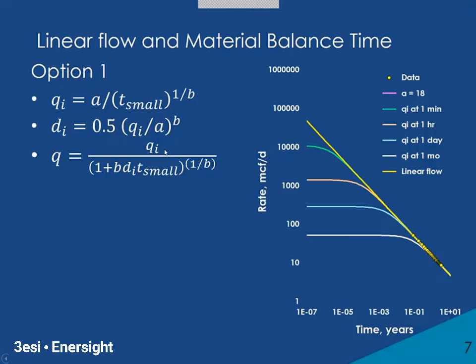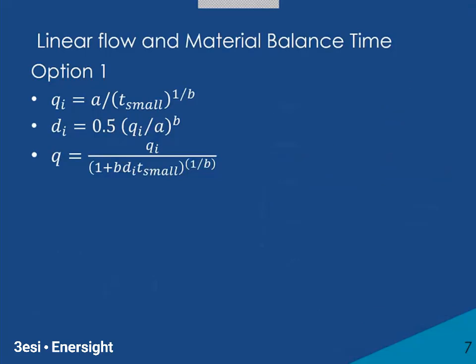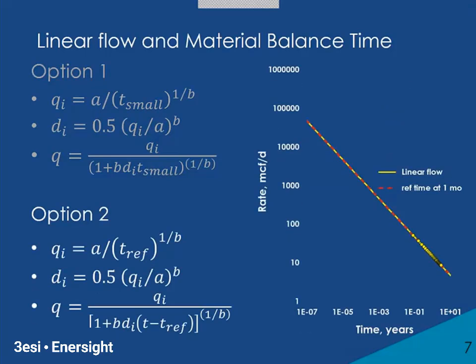And when you do that, you end up with the yellow line, which gives you the perfect half-slope linear flow equation all the way back to 1 hour. So if you need to work backwards in time, that's one way that you can do it. The other way is to simply say at 1 month, that's my reference time, that's my rate, and that's my decline factor. And any time earlier than that will translate to a negative time.